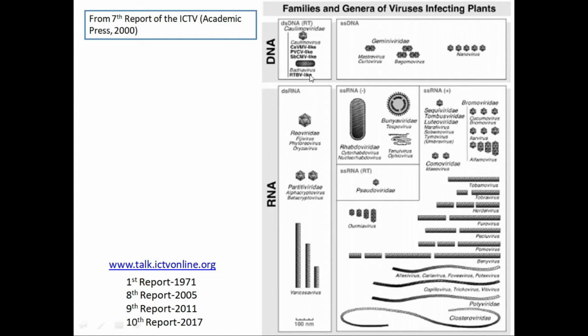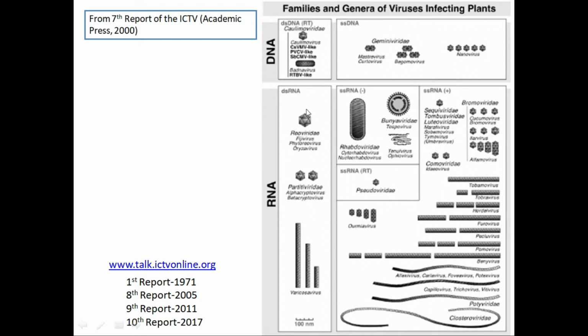So these are double-stranded DNA viruses. Then single-stranded DNA viruses: we have the Geminiviridae family. Under this, we have Mastrevirus, Curtovirus, Begomovirus, and then Nanovirus. So they all have single-stranded DNA.